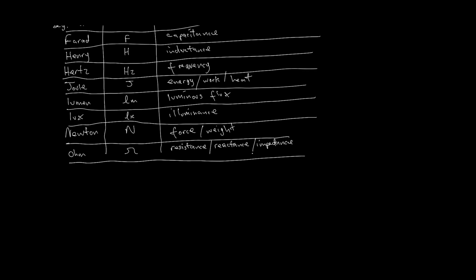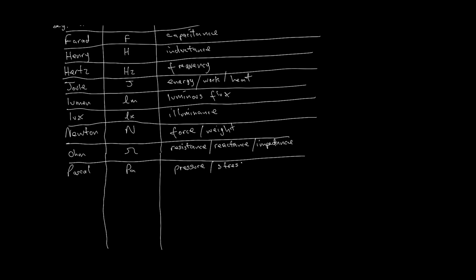Okay, I've just got a few more I'd like to discuss with you. I'll just extend this table down a bit. Another one, Pascal. Pa is the symbol. And this is mainly to do with pressure or stress.